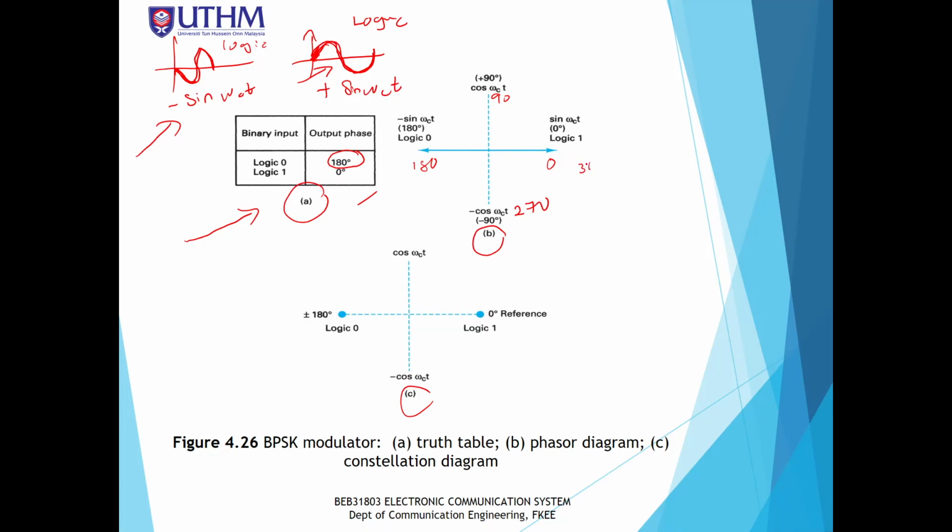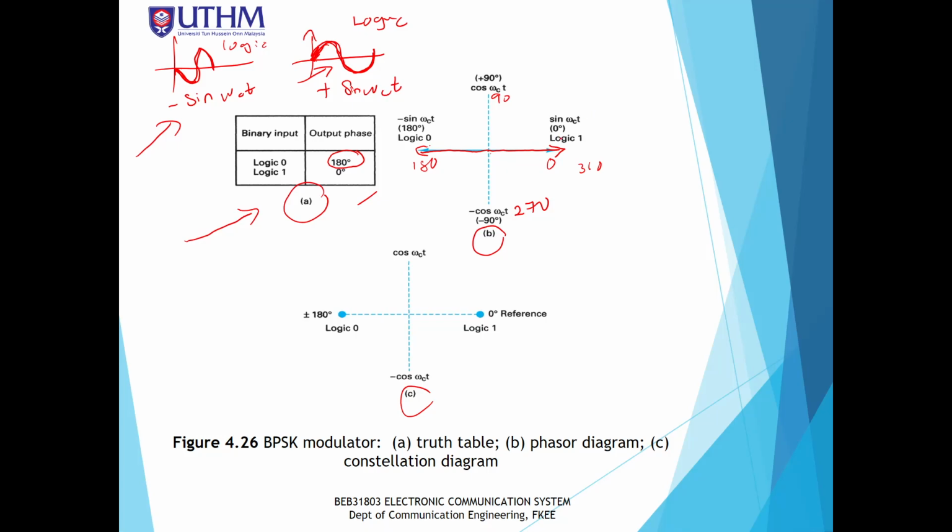to here 360. Okay, so 0 degree phase is for the logic 1, so that means the arrow is pointing to the right direction. And for logic 0, it is a 180-degree phase, so the arrow points towards 180 degree.